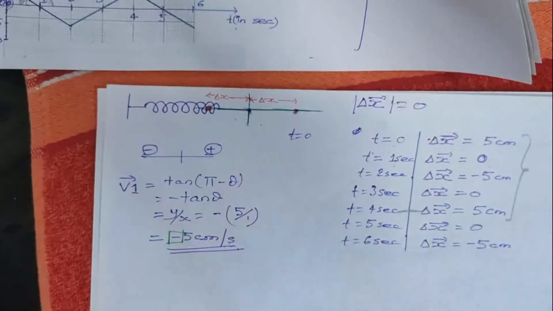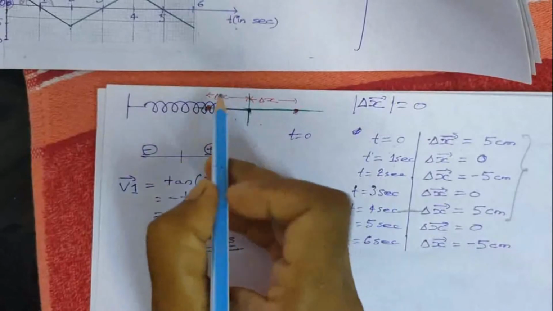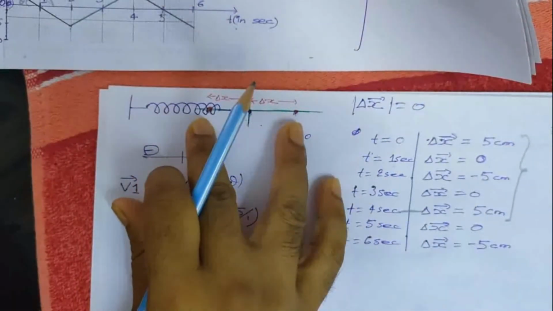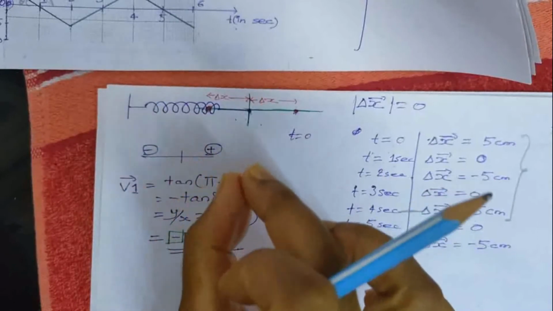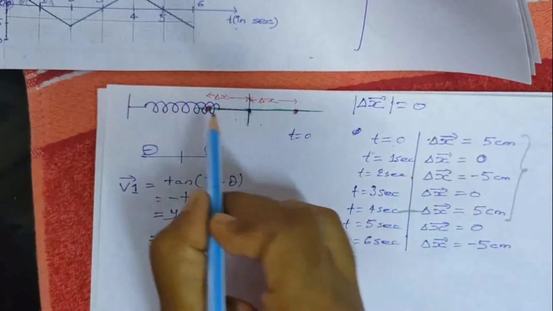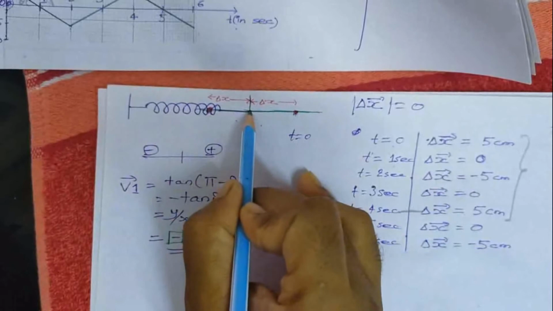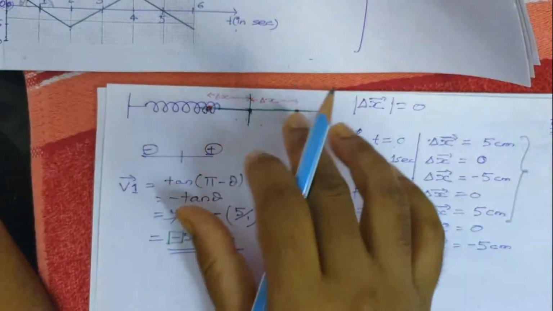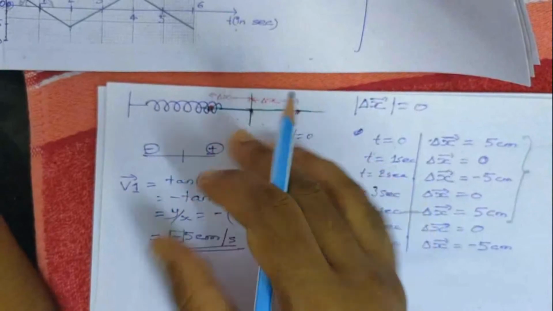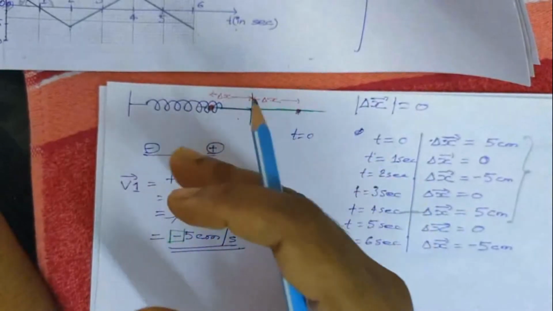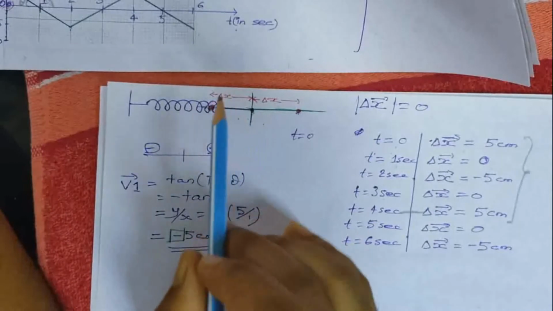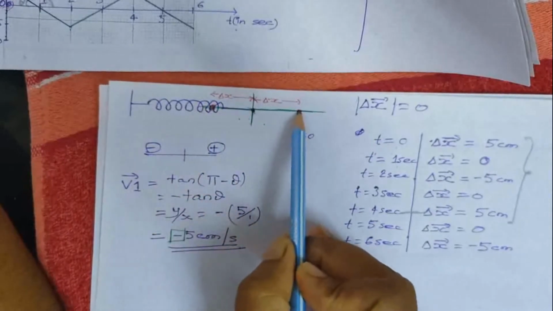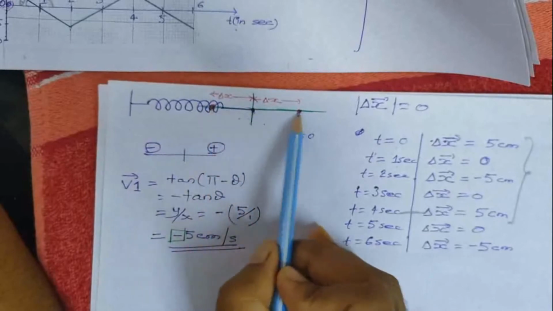So after reaching here, now let us calculate what is the net displacement of the open end. Just pay attention, don't be scared. Actually, it is not tough. I am trying to explain it in a very simple way. So we have started analyzing the motion from here.